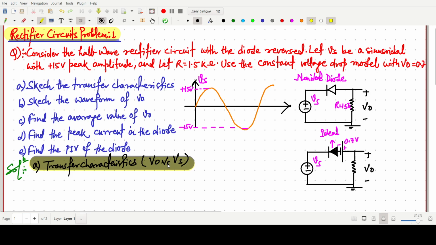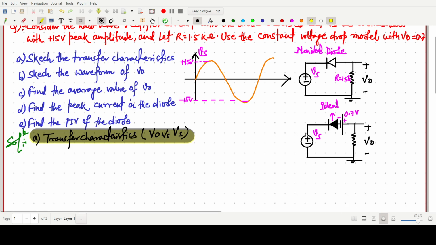So now we have to move here. Basically this one is the circuit.